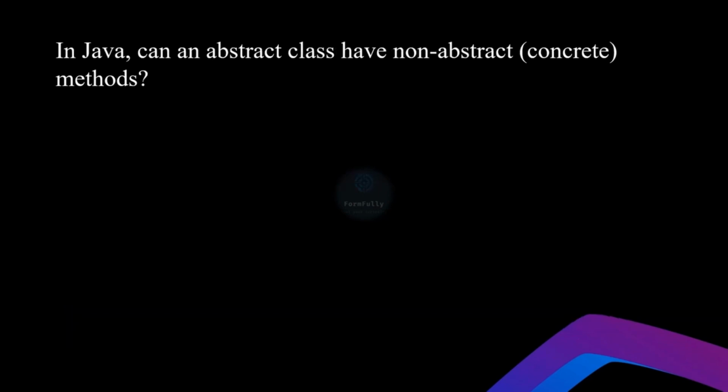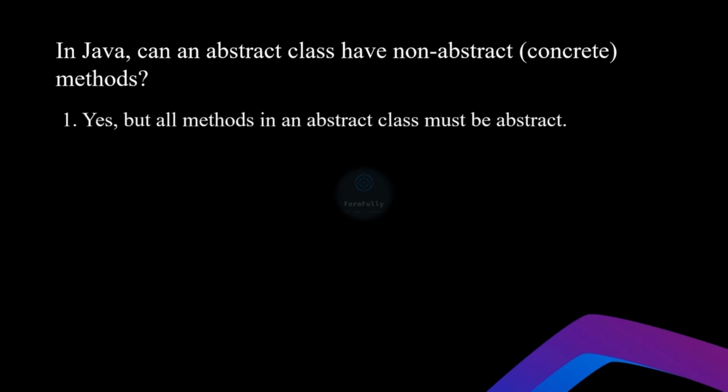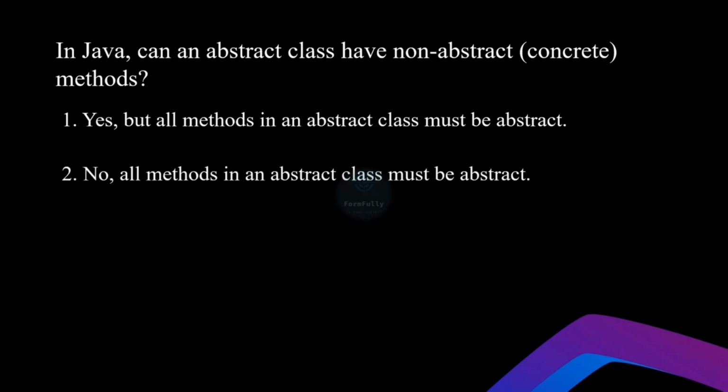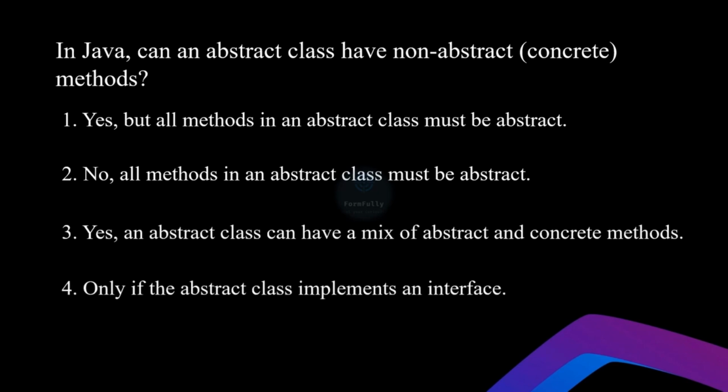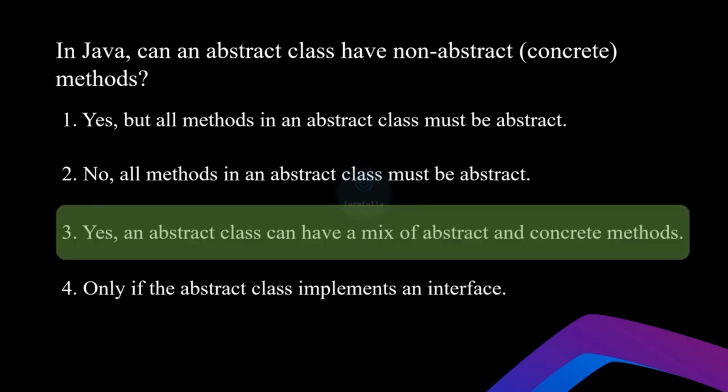In Java, can an abstract class have non-abstract, that is concrete methods? Options are: yes, but all methods in an abstract class must be abstract; no, all methods in an abstract class must be abstract; yes, an abstract class can have a mix of abstract and concrete methods; only if the abstract class implements an interface. Here option C is correct because an abstract class in Java can contain both abstract, that is unimplemented methods, and concrete, that is implemented methods.